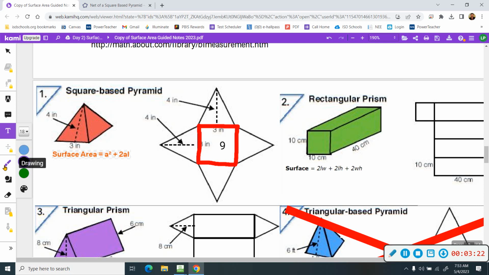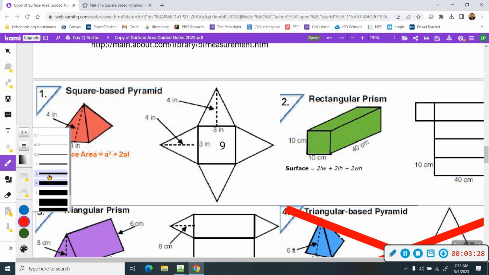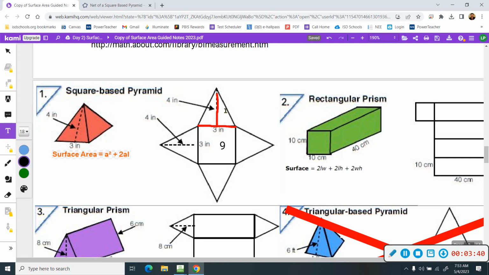And so to find the area of the triangle, I am going to take the base times the height and divide by 2. Well, 3 times 4 is 12, divided by 2, and this area becomes 6.